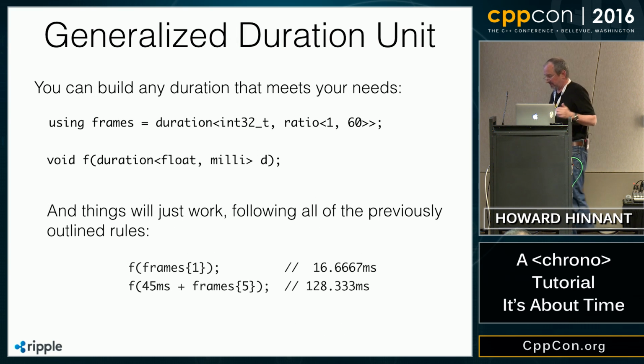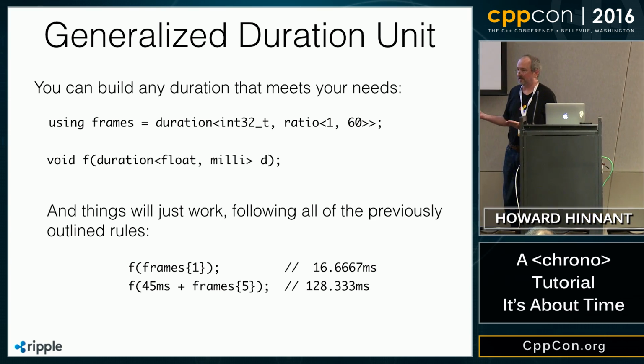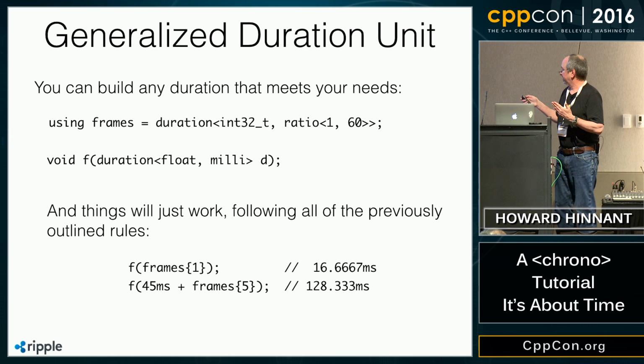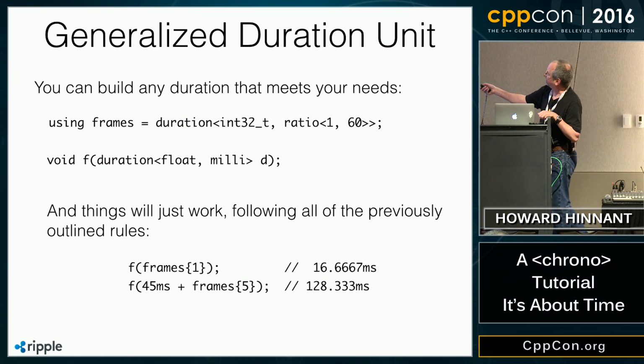So now that we know that this is how durations are made, you can build your own custom durations. Let's say you've got a game application that you're working on and you want to measure frame rates at 1/60th of a second. Here is how you build something that means 1/60th of a second stored in a 32-bit int. And let's say, for example, we still have our function f that just prints out its duration, and let's say we're taking the version that uses floating point milliseconds.